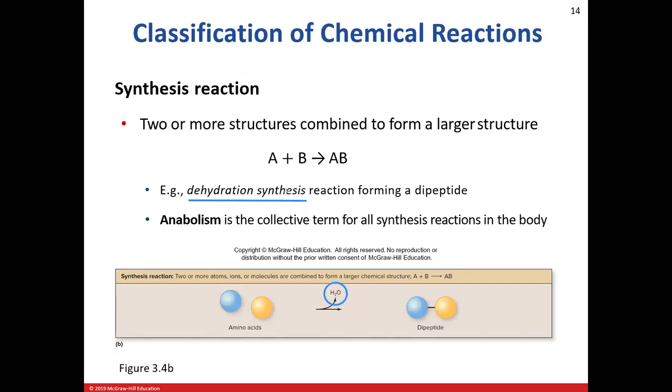So dehydration synthesis reaction is forming a dipeptide in this case. We call these anabolic reactions or anabolism. And it's the collective term for the synthesis reactions in the body. Again, here we take our amino acids, we join the H of one group, the OH of another group, and that gives off water, and that forms here our dipeptide bond.